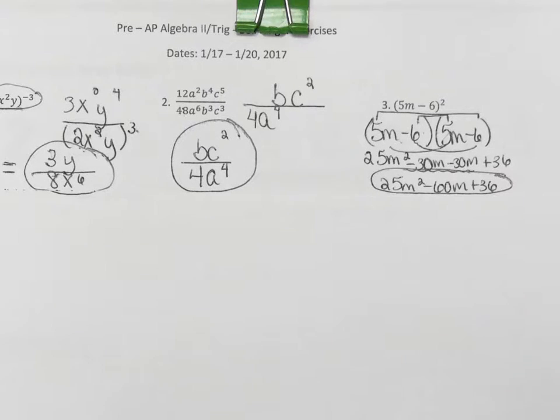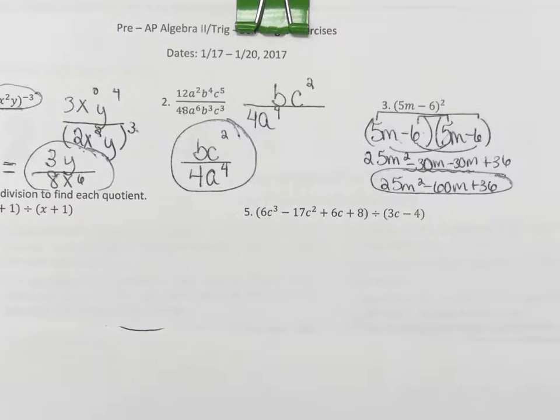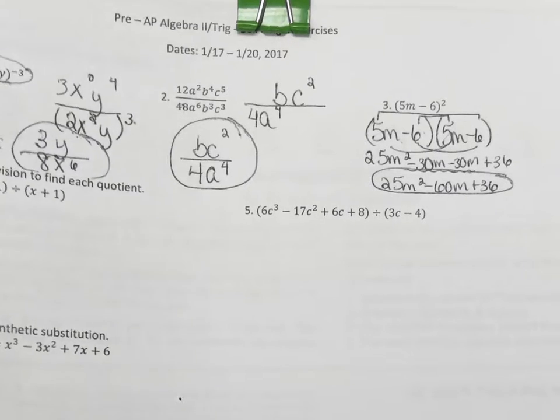Okay, here we go. So you can go ahead and put that in your bell ringer section. And we're going to get out our ACT packets, numbers 11 through 15. Don't start on it yet. Just get them out and get them ready to go. ACT packet 11 through 15.